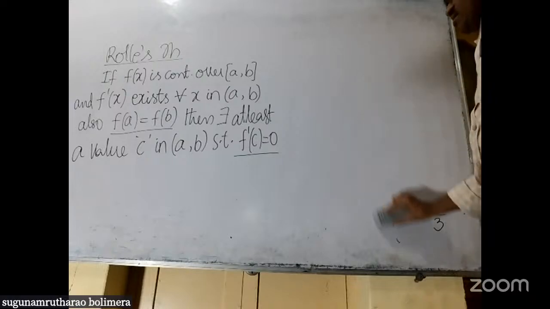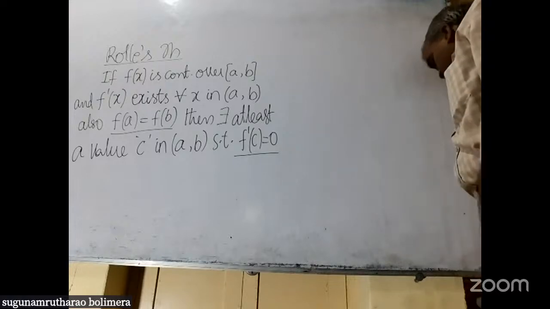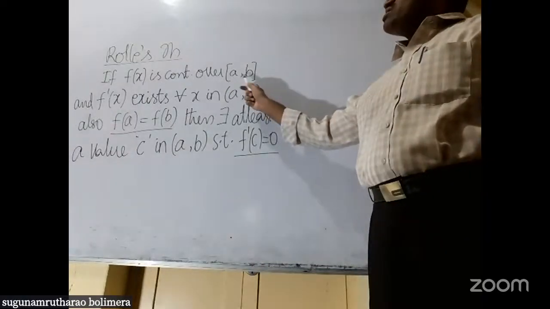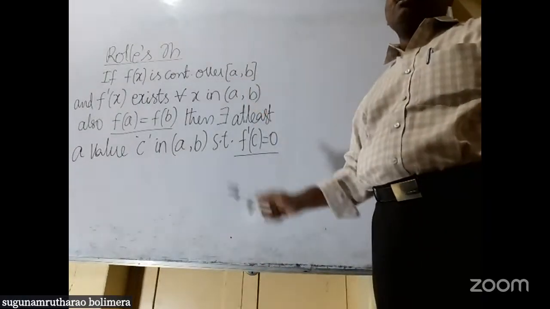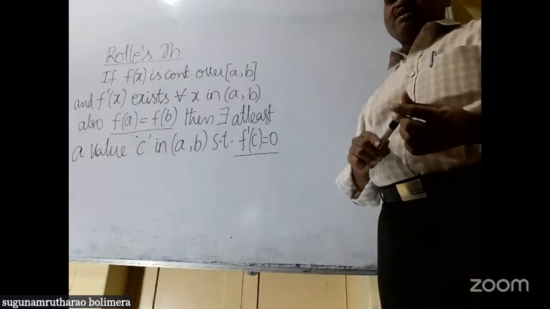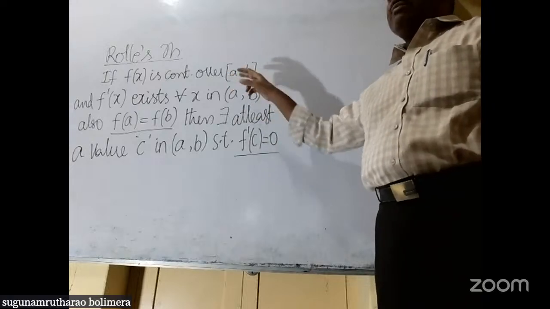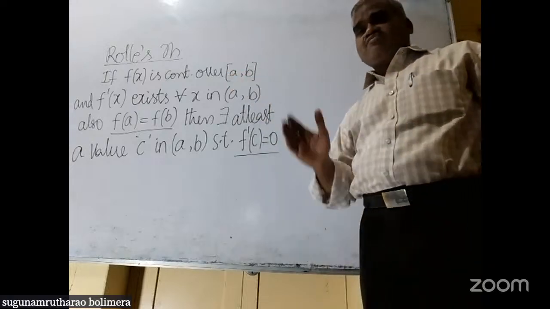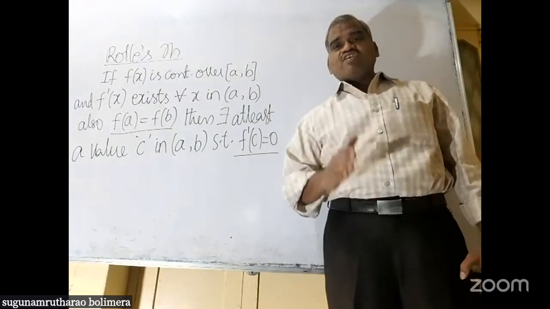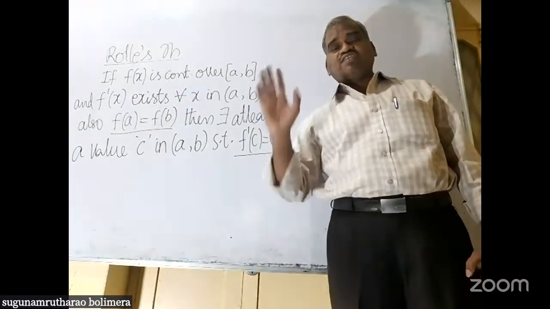I repeat this statement once again. Already we have discussed continuity over closed interval [a, b]. Closed interval means it includes both values a and b. Continuous means simply the function is finite for all the values between a and b. Start with f of a: f of a is finite, f of b is finite, and function values from f of a to f of b all are finite.